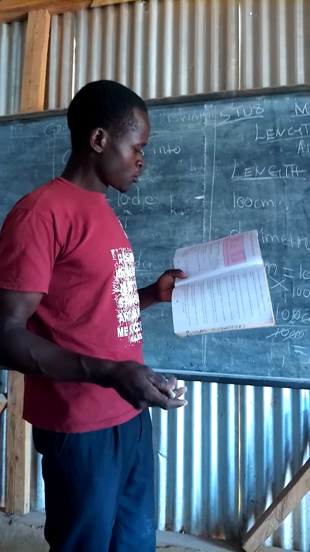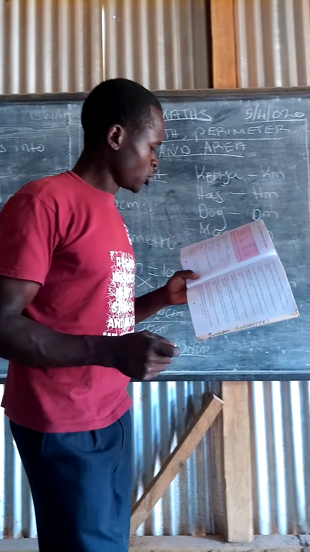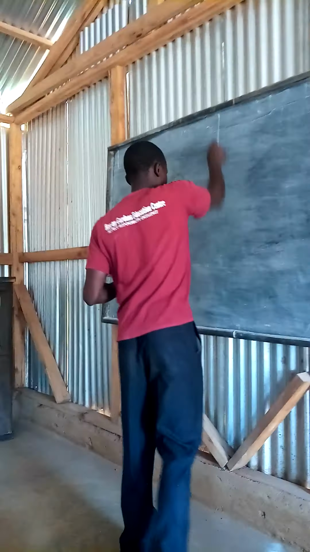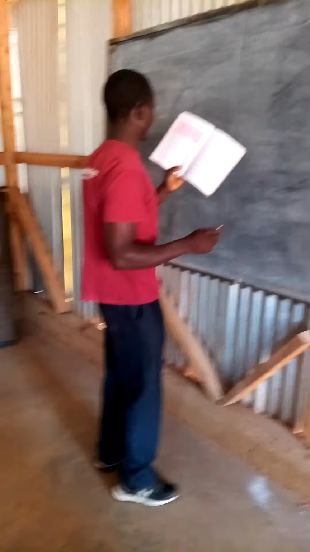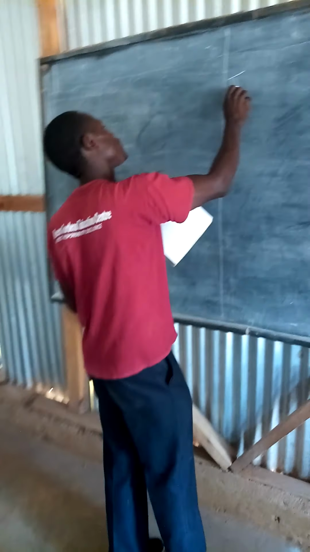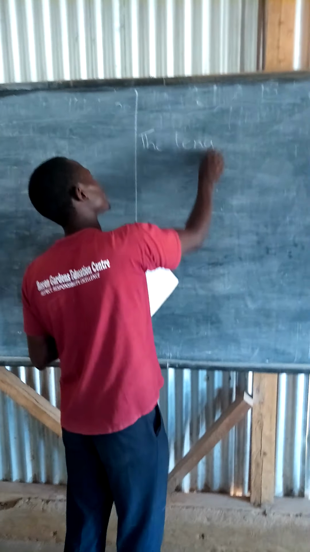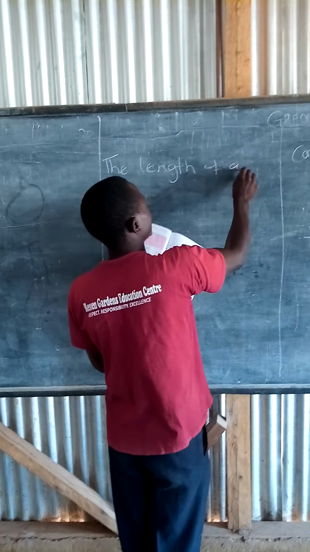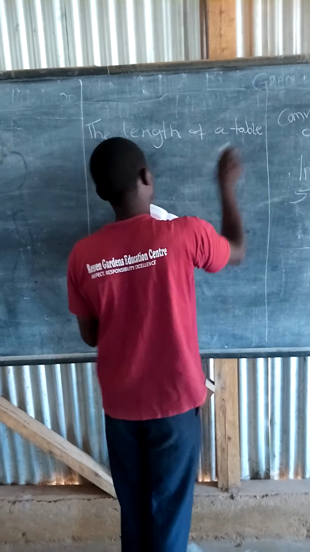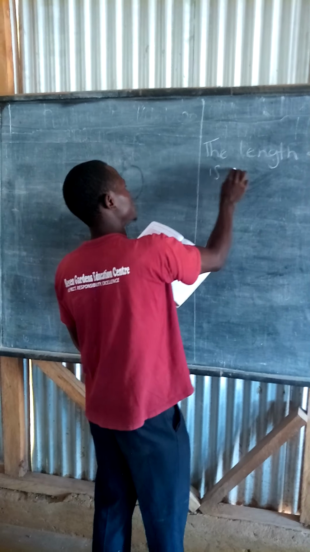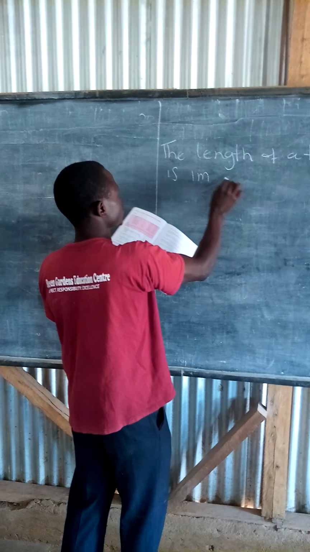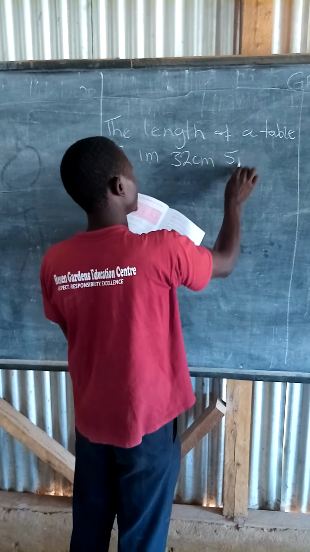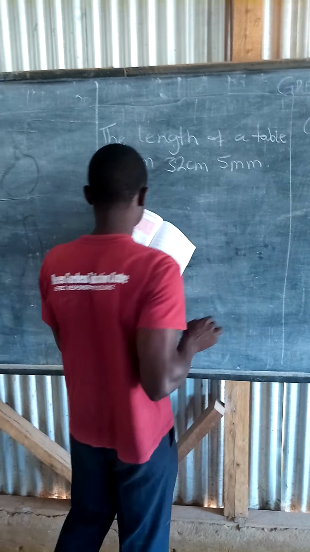Another question: you are told the length of a table. The length of a table is 1 meter, 32 centimeters, 5 millimeters.